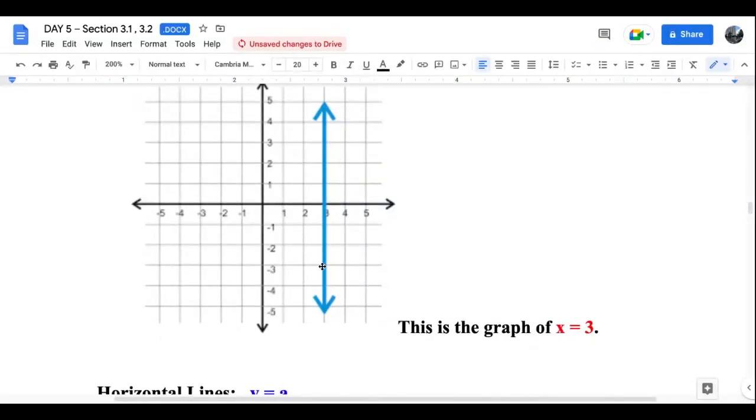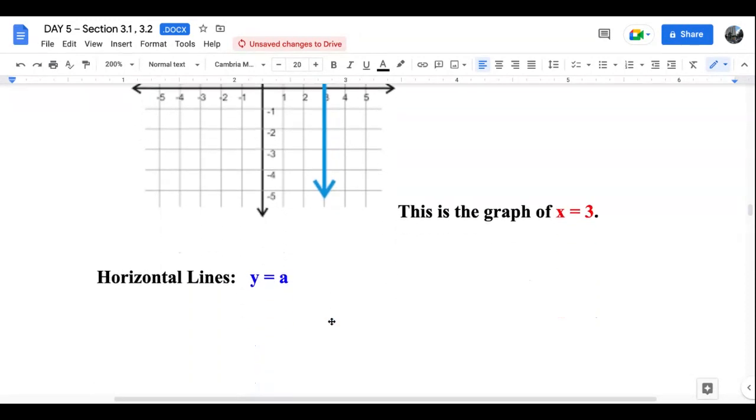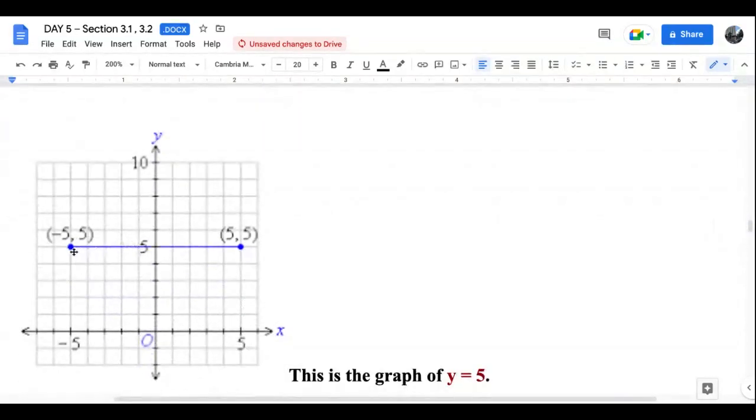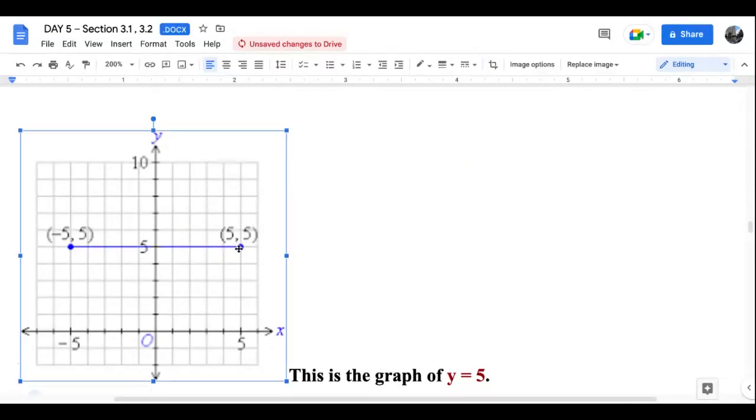So all vertical lines have a name x equals to the number. And the horizontal lines have the name y equals to the y value. So this one is y equals to 5 because all the points on this line have y value 5. And the x value can be any number.